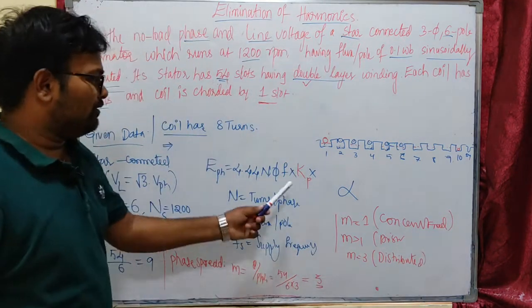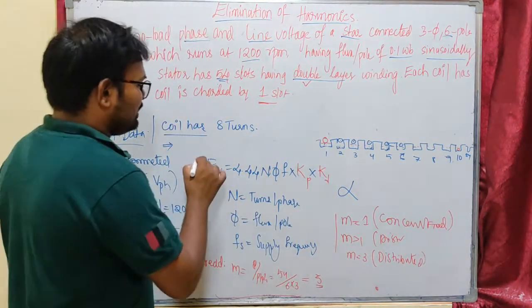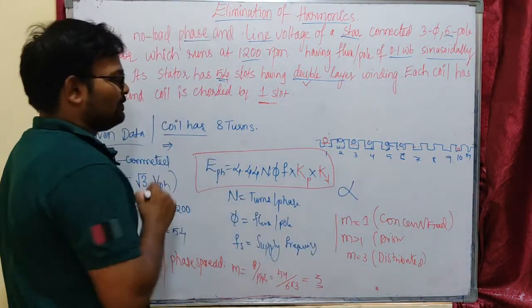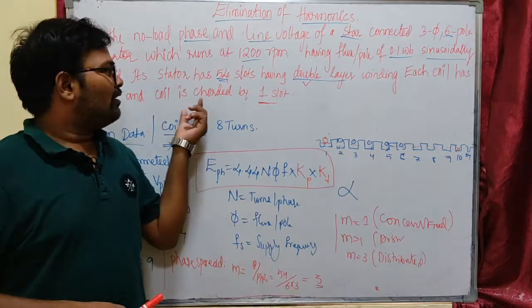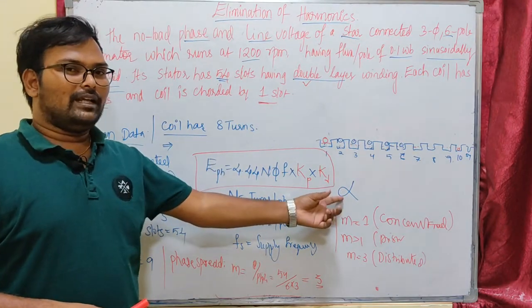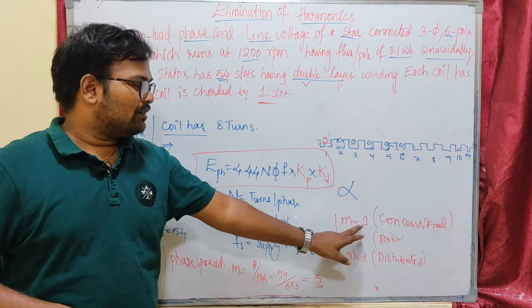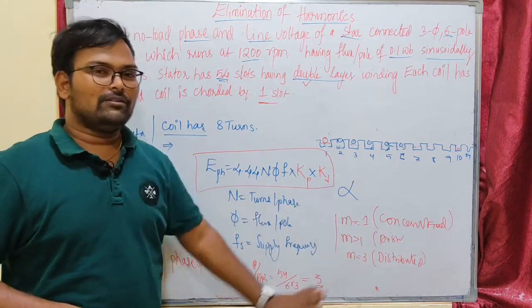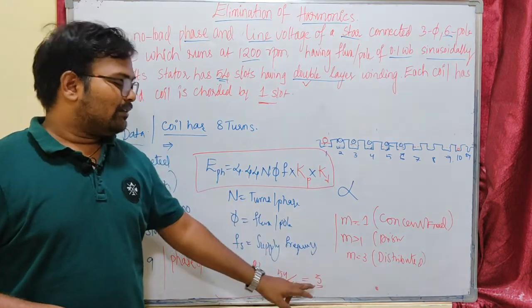So for a distributed winding, we have to multiply Kd with our EMF equation. This is the beauty of this question: we have to multiply Kp because our coil is short pitched by one slot, that means we are getting the chording angle alpha, and the m value is 3, not 1, so the winding is also distributed.